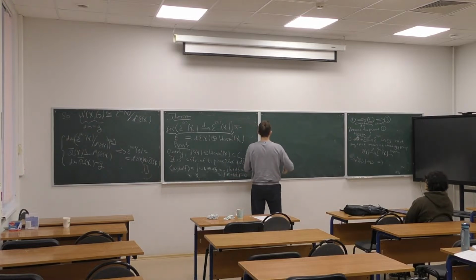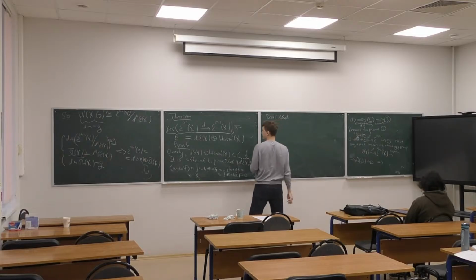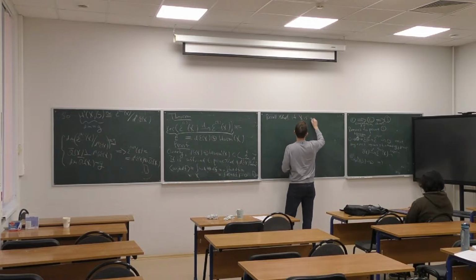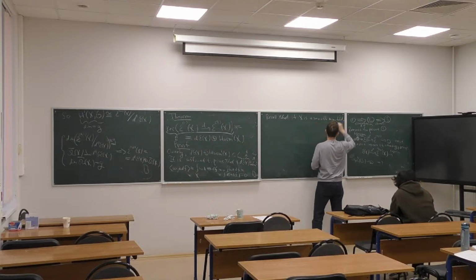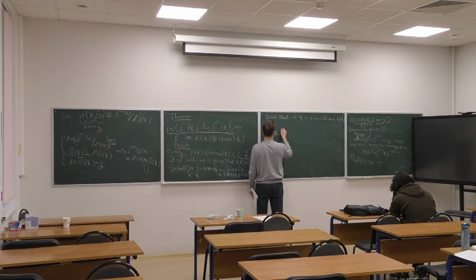So recall that if X is a smooth manifold, then we have the de Rham homology groups. I think I denoted them in this way.